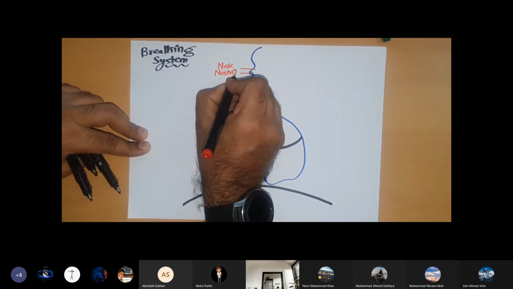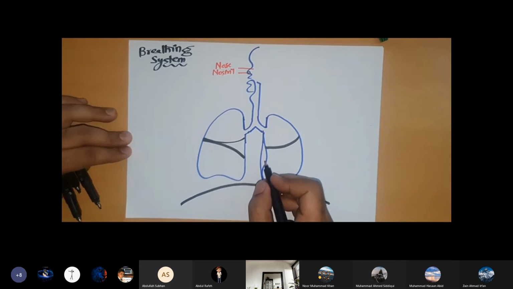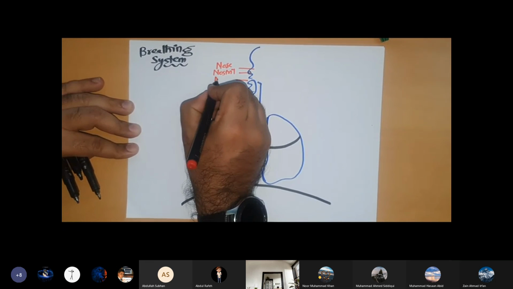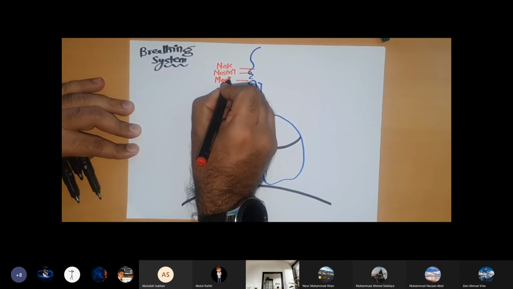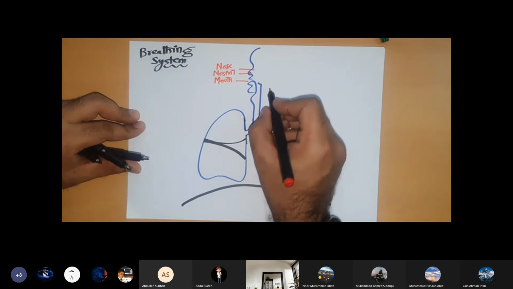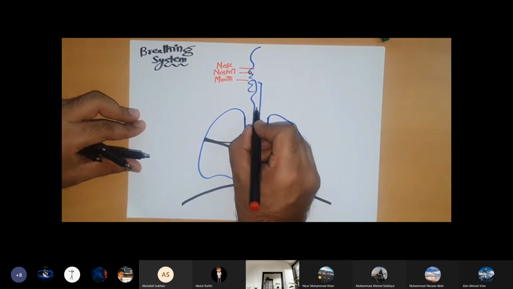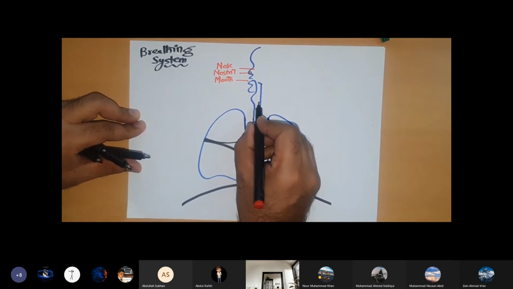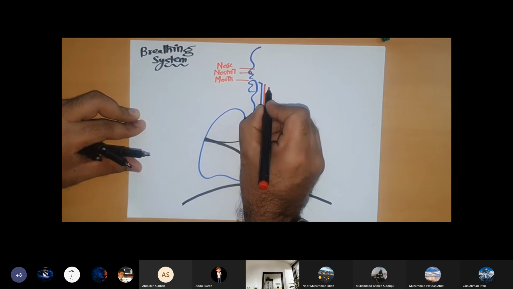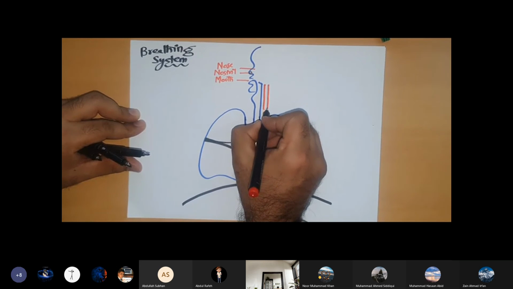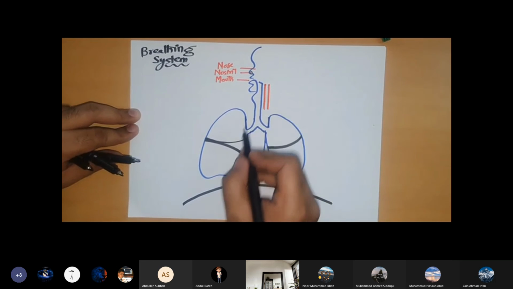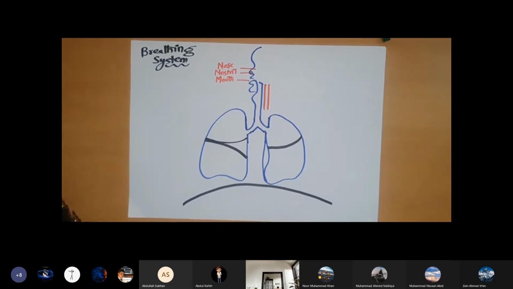Now we have two nostrils, then this opening is the mouth, then this tube is called the trachea or the windpipe. Behind the windpipe over here we have the esophagus. As we are not discussing the digestive system, I'm not drawing the digestive system, but for your understanding I just drew the esophagus.